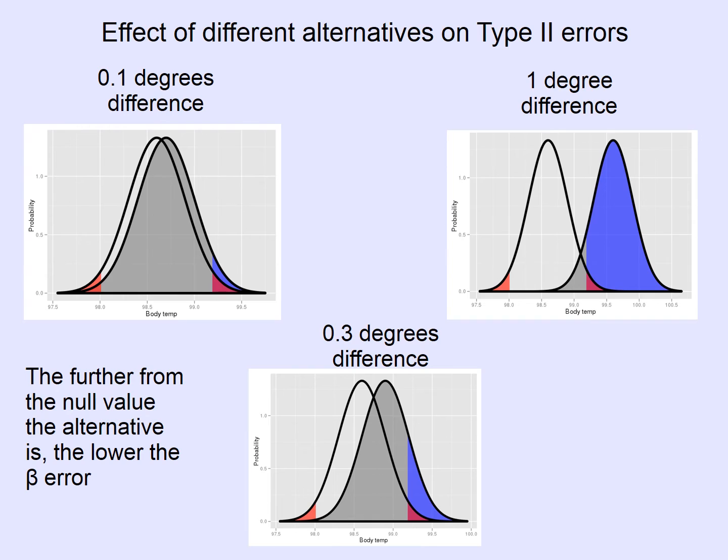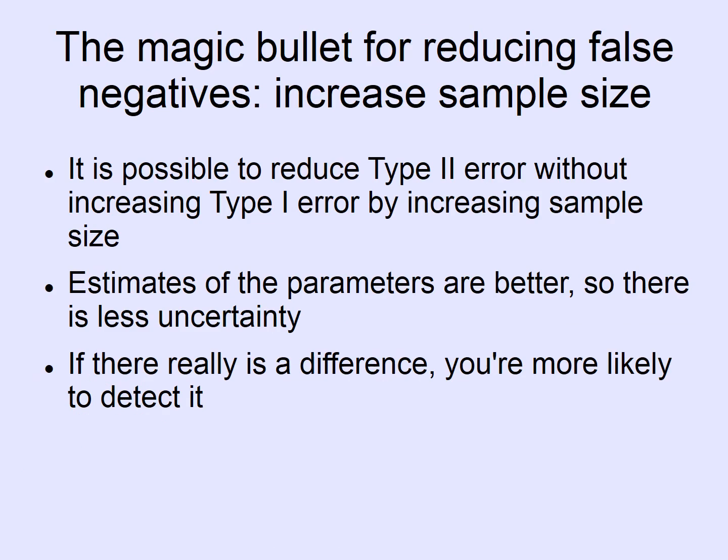So the effect size, the difference between my sample and the null, matters in that beta error. Unfortunately, I don't really get to control for that too much. I'm not really sure what that difference is going to be when I go and sample.